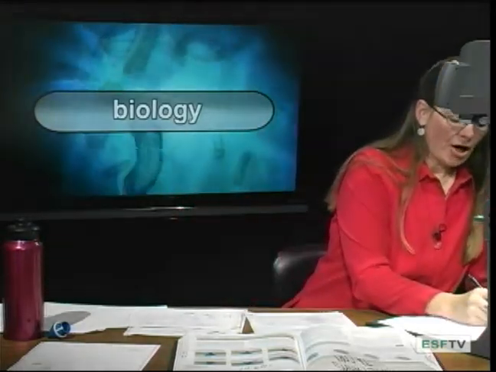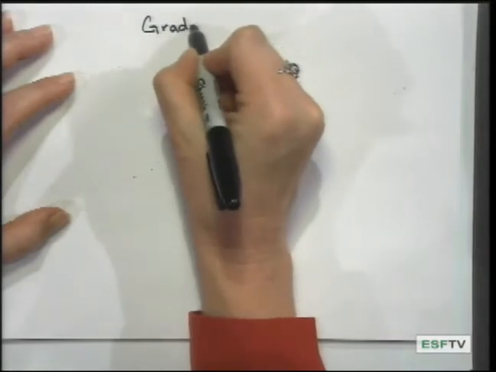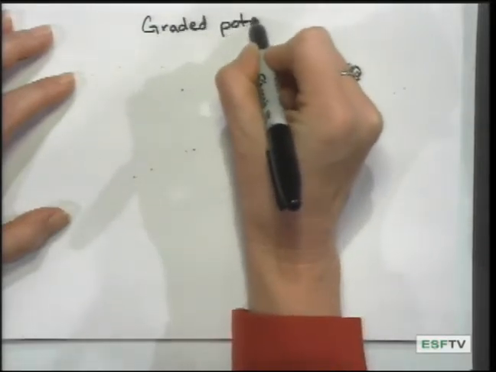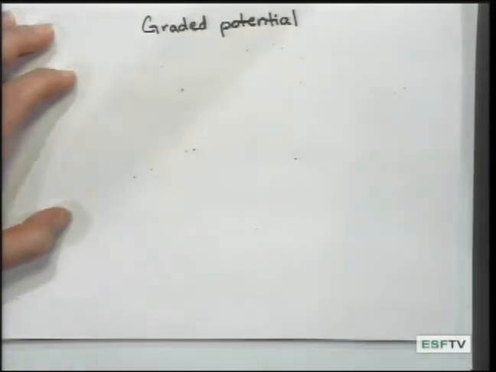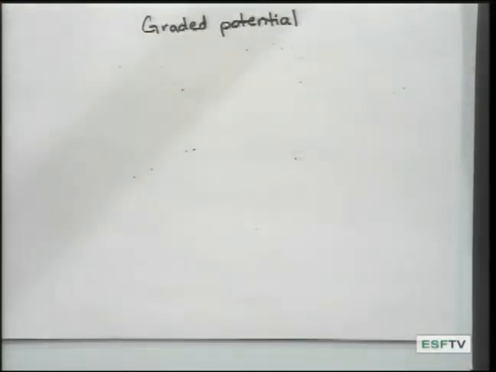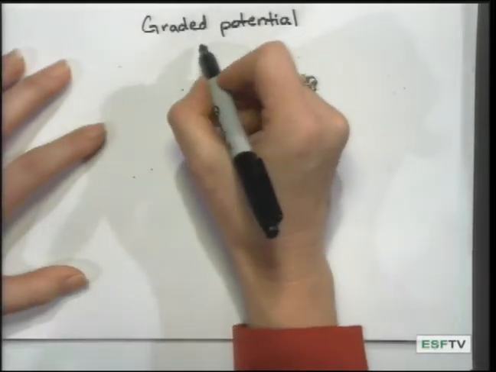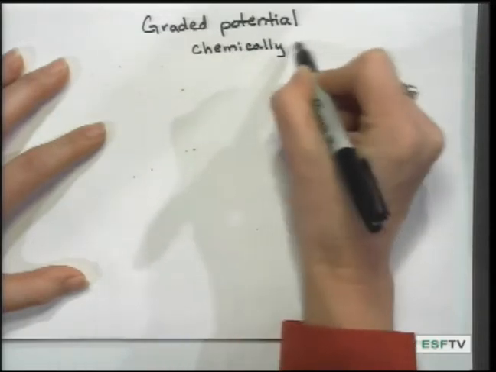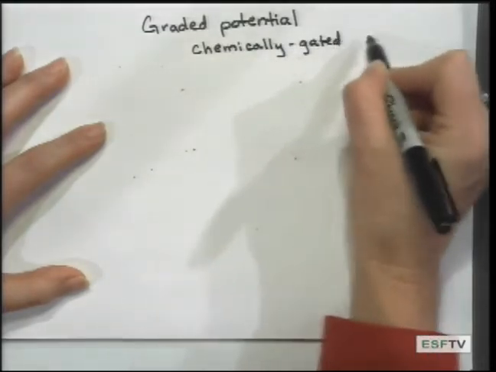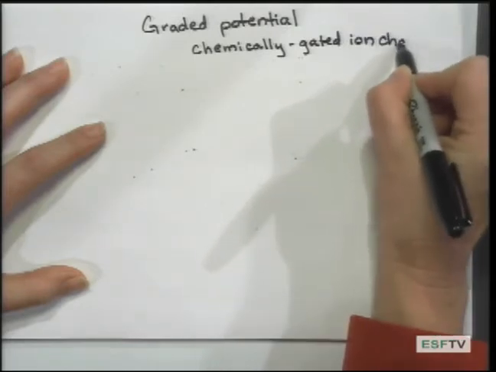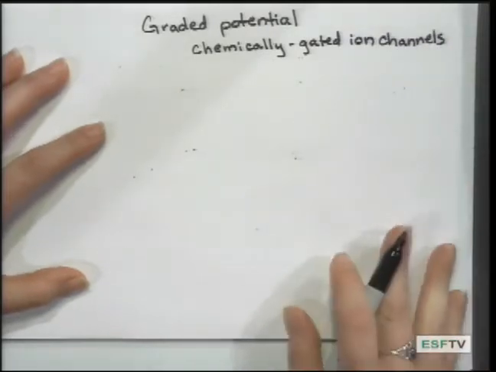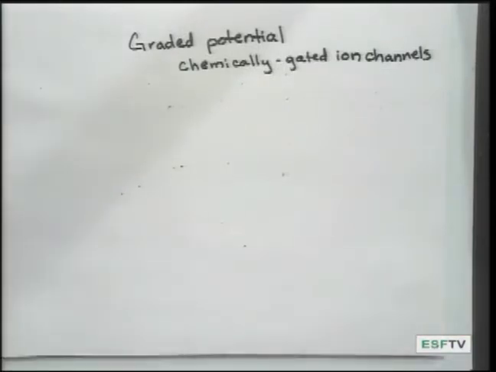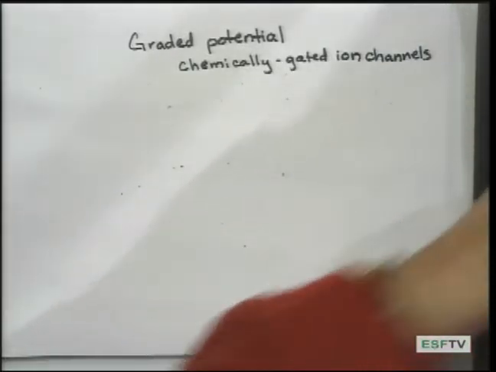So you can have a graded potential, and this is a transient change in the membrane potential, and it's due to chemically gated ion channels. Okay, and let's take a look at one of these chemically gated ion channels within the text.